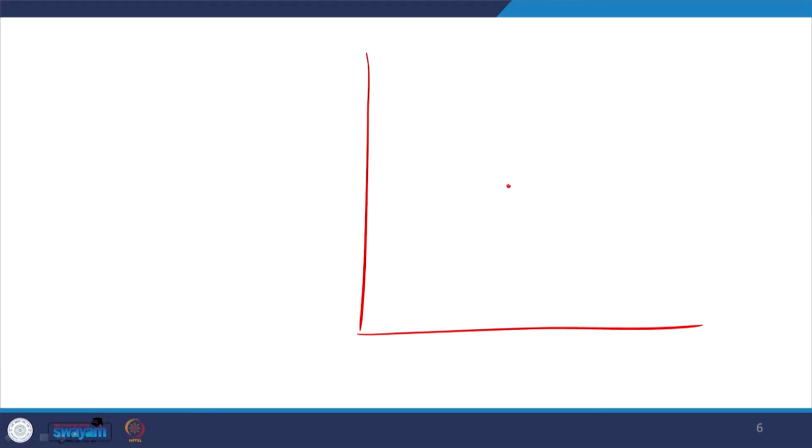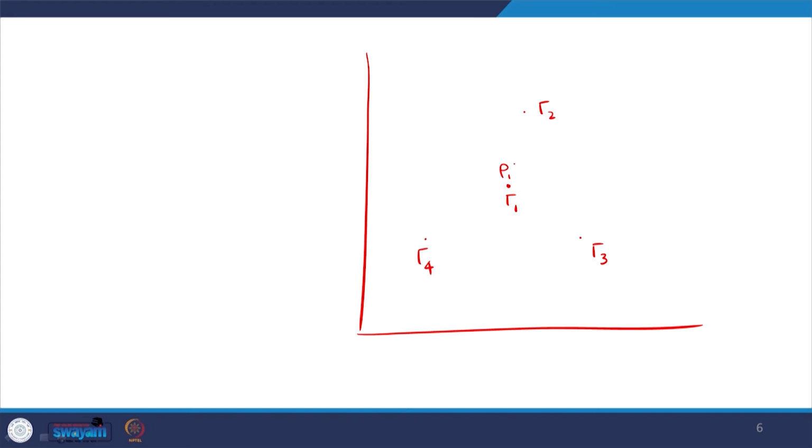Let us say I am looking at this gamma 1 here and there are these 3 other states gamma 2, gamma 3 and gamma 4, and the probability densities for these are rho 1, rho 2, rho 3 and rho 4. So, we are trying to say that rho n is the sum over m of rho m pi mn.